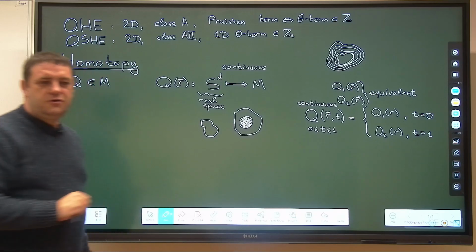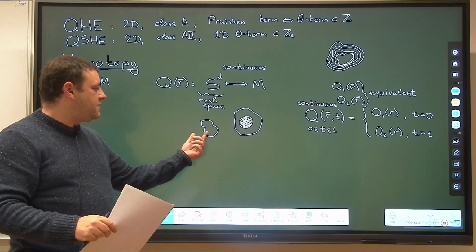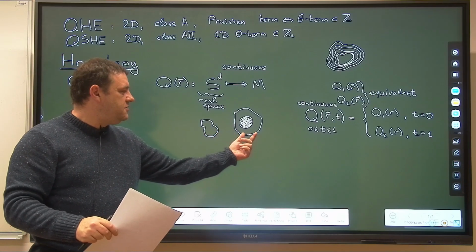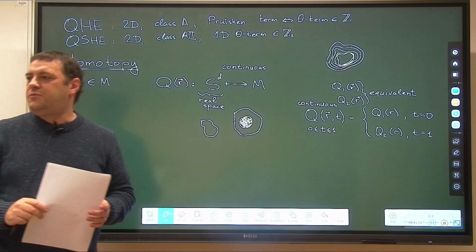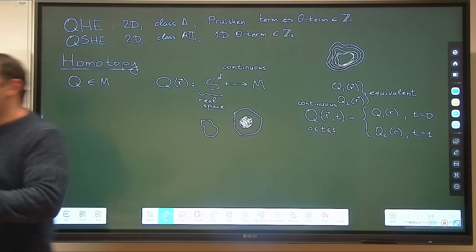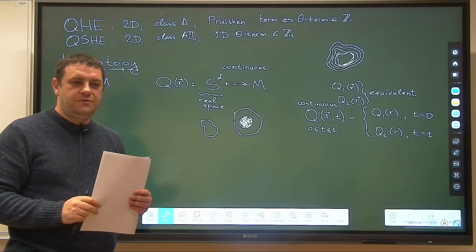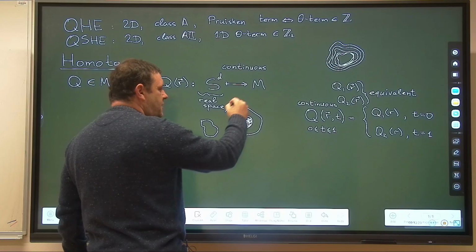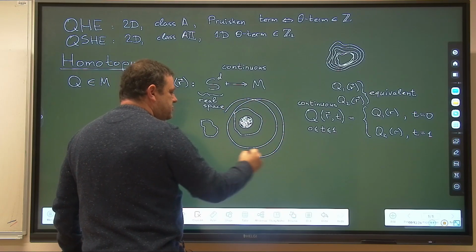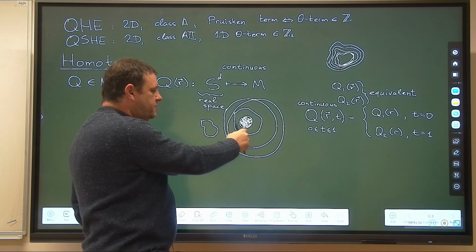These two loops are not topologically equivalent because I cannot continuously change this to that one without crossing the void, and the void is not part of my space, so I cannot map there. So there are two examples of non-equivalent loops, and actually there is a third loop not equivalent to any of these: a loop that goes twice around the void. It also cannot be mapped to this or to that.